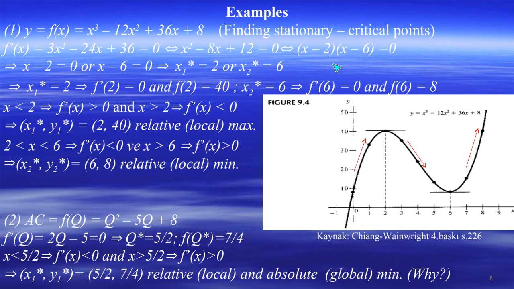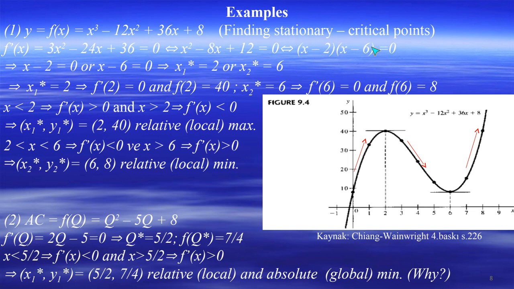You see? If x is less than 2, you can make a small table and see at which part it is negative, at which part is positive. When x is less than 2, x minus 2 is negative and x minus 6 is negative. So negative times negative is positive. So the first derivative is positive when x is less than 2. When x is equal to 2, it is 0.